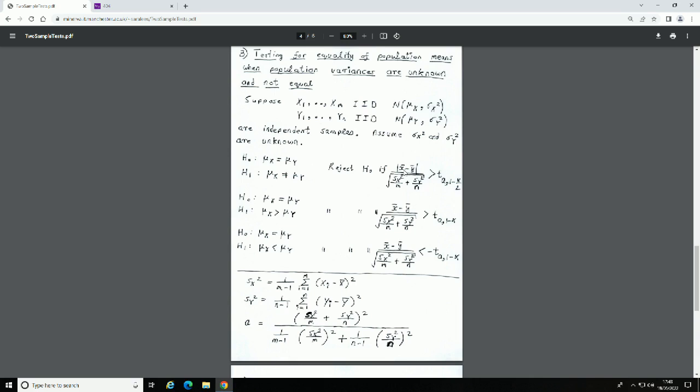The sample sizes 49 and 64 are greater than 25. I need to find the probability of that.